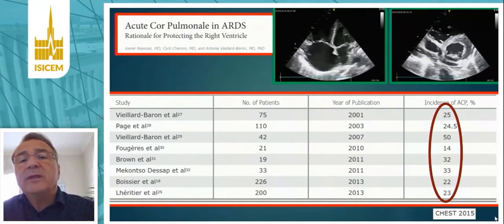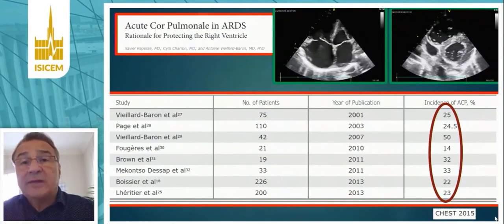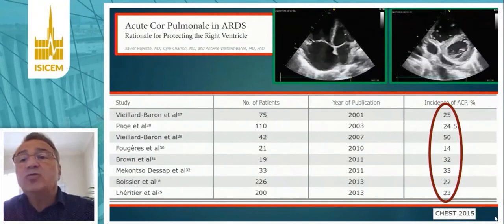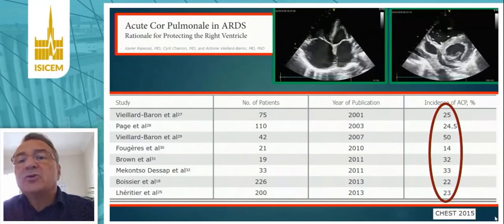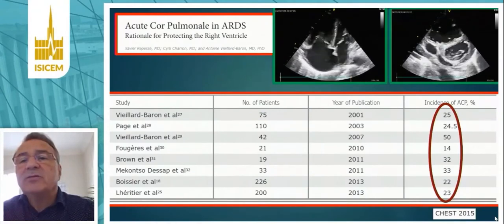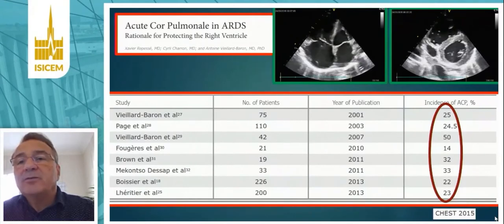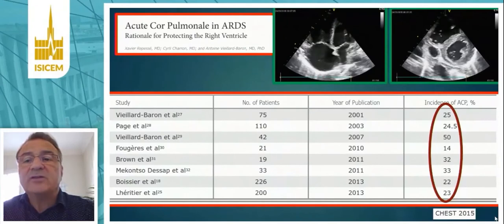This big right ventricle compresses the left ventricle, inducing a diastolic dysfunction of the left ventricle. And as well, due to the systolic inversion of the pressure gradient between the right ventricle and the left ventricle, you may have a paradoxical septal movement with what we call a D shape of the left ventricle.